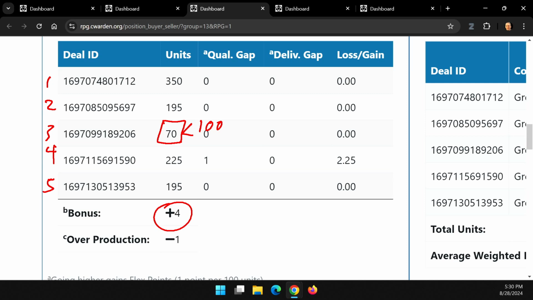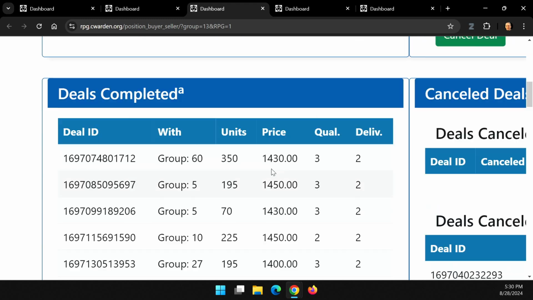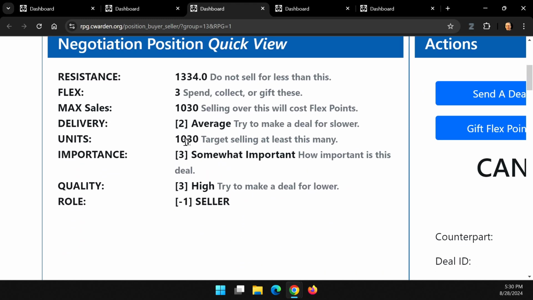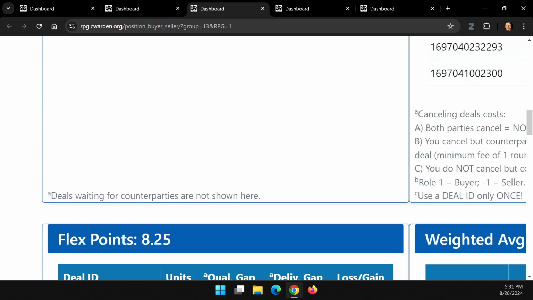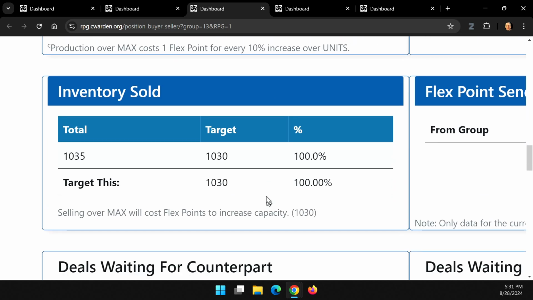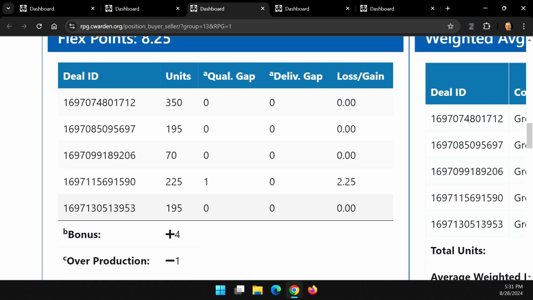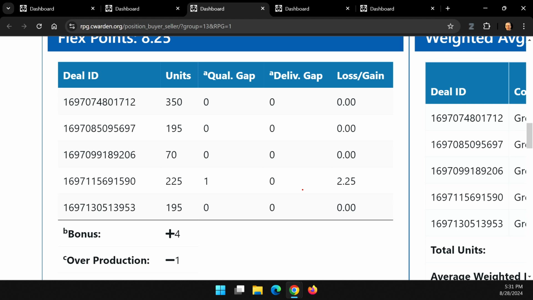Well, in this case, it wasn't a 100, was it? It was 103, right? So you have to be at least 103. They weren't even close. This was only 70. So this one will not count for extra.